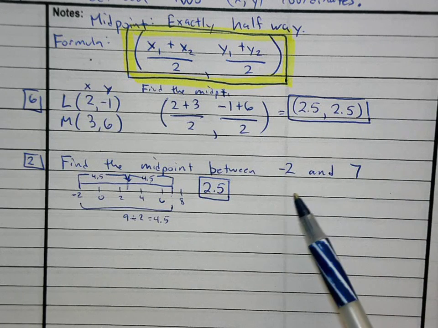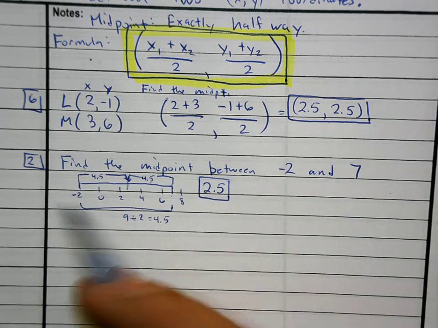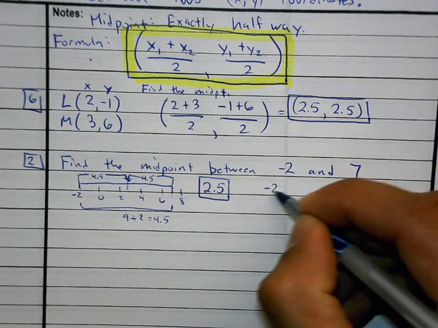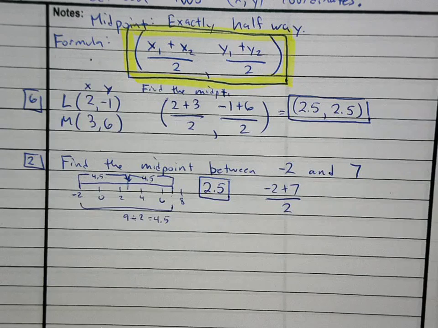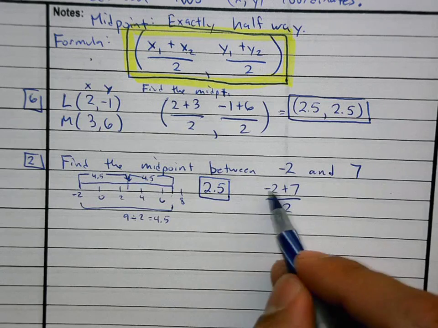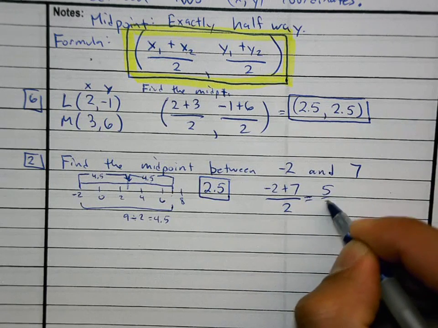What I want to show you is that this formula that we have up here also works for this. You might think, wait, which one's x, which one's y? Well, think of both of them as x's, because this is on my x-axis if I think about it as a number line, okay? I could do -2 plus 7 divided by 2, and I would have gotten the same exact answer. What is -2 plus 7? Let's do the top. 5 divided by 2.